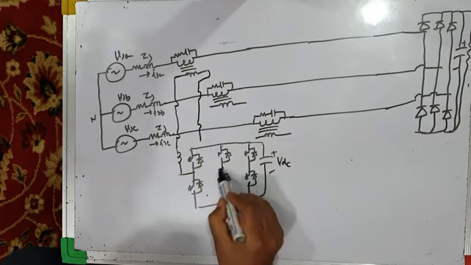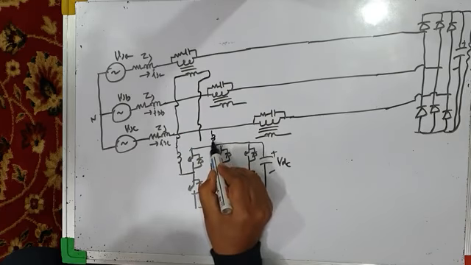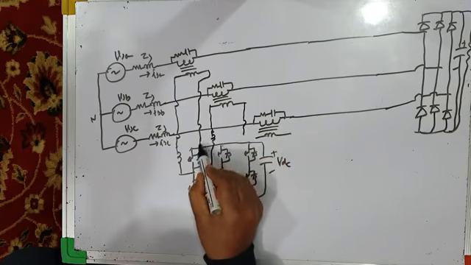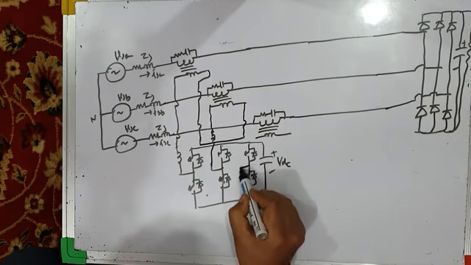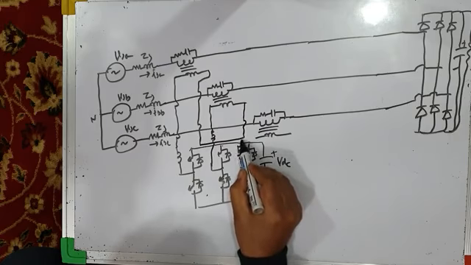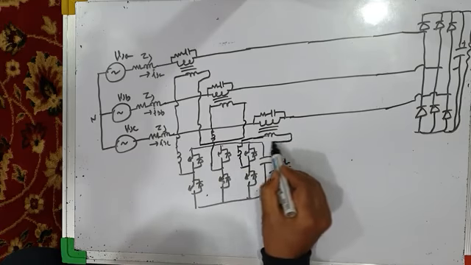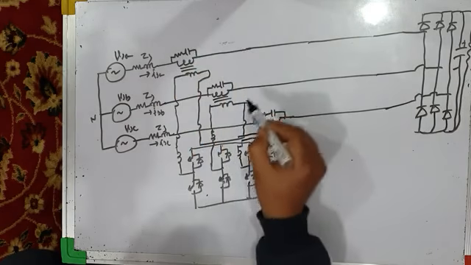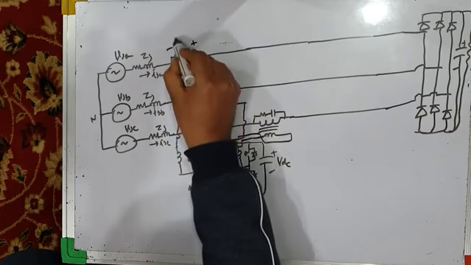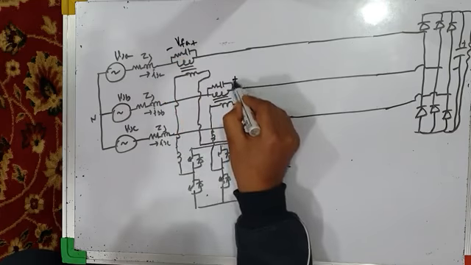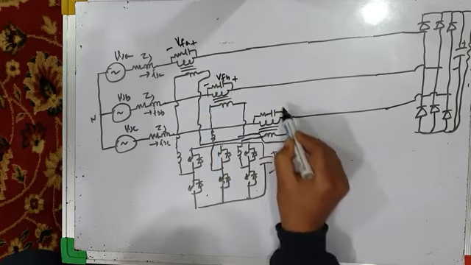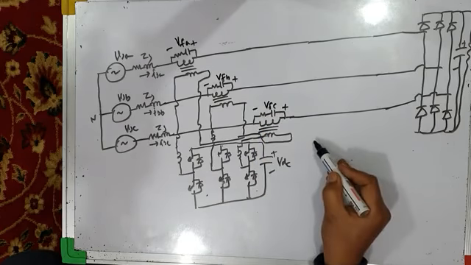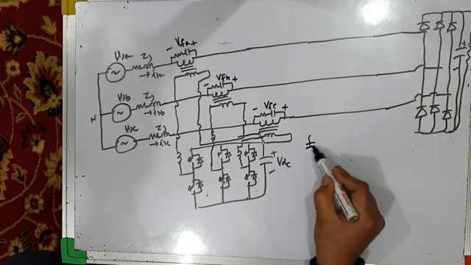The other end is here. Similarly here, and similarly here. Okay, so injected voltage is here. Here injected voltage is VFA. Here injected voltage is VFB. Here injected voltage is VFC.